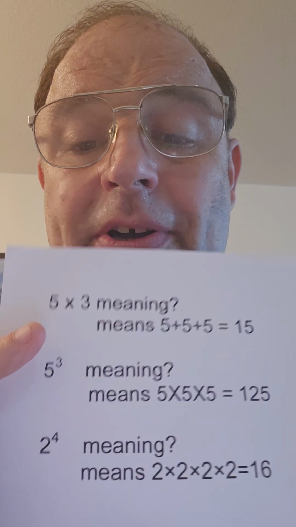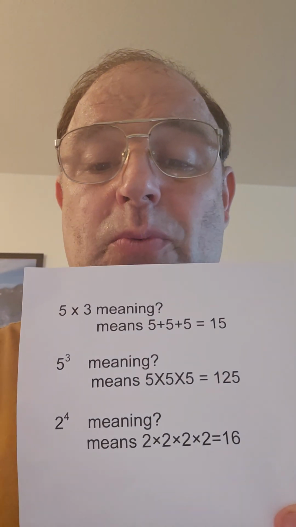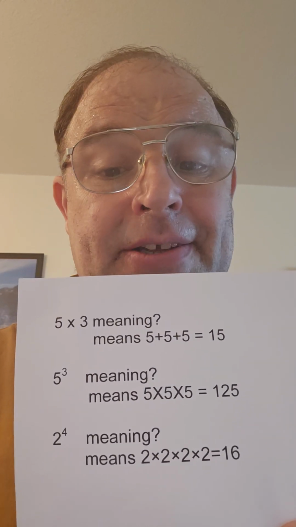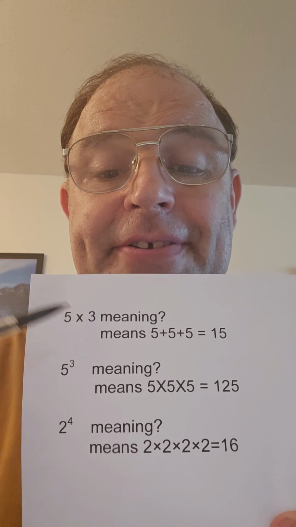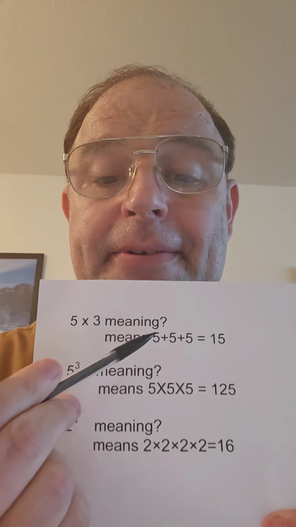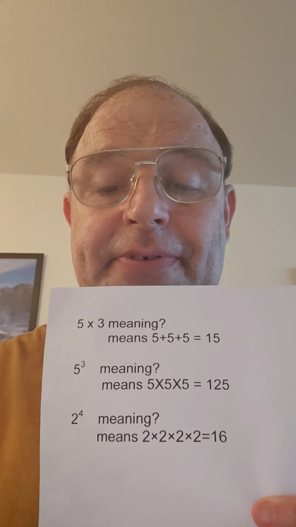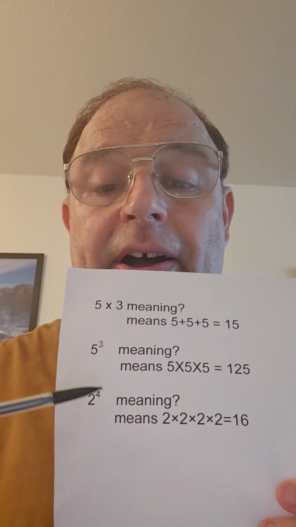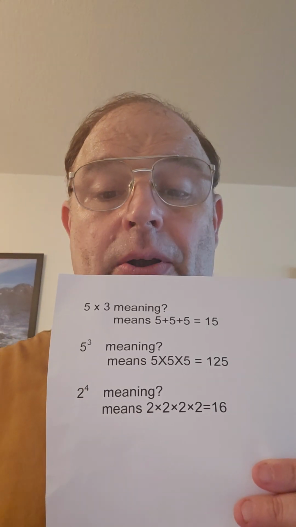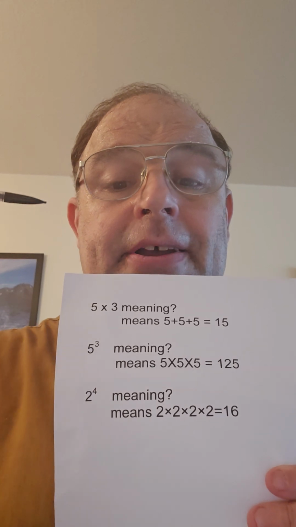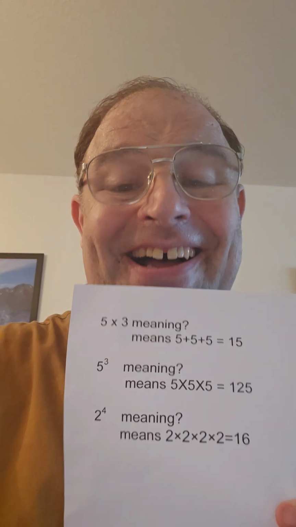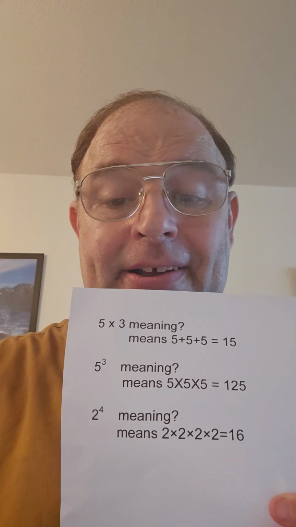Here's a question. What is 5 times 3? What does it mean and what does it equal? 5 times 3 means 5 plus 5 plus 5, 3 times, which equals 15. What's 5 to the power of 3 and what does it mean? It means 5 times 5 times 5, which equals 125.